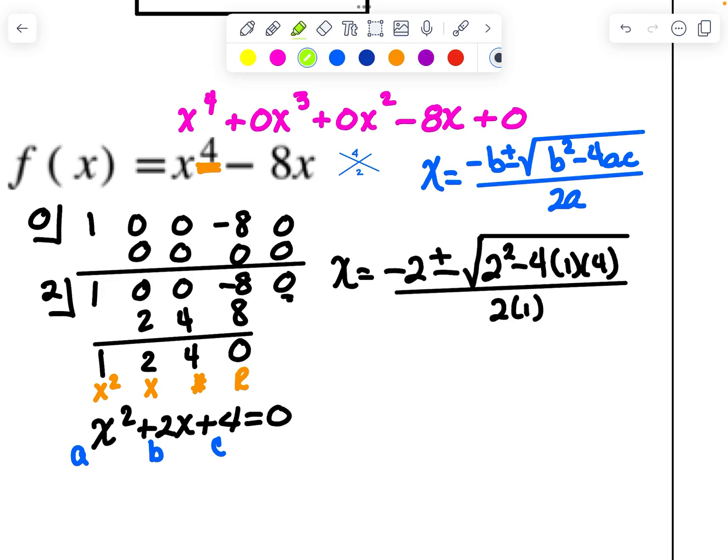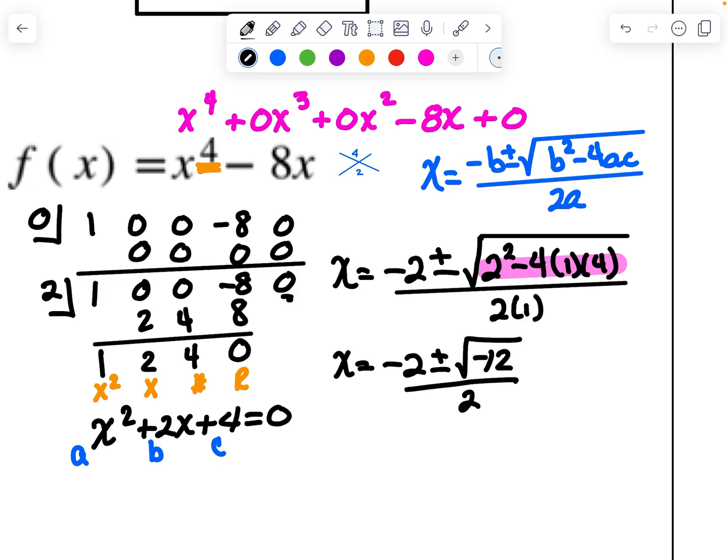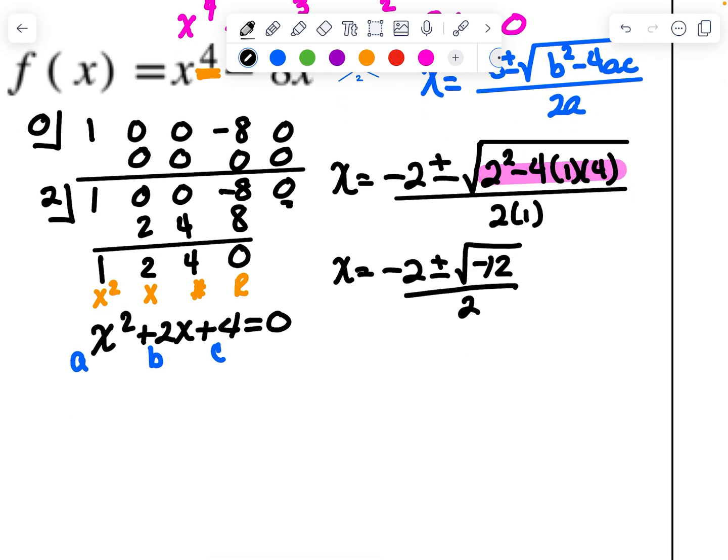Then we are going to do this piece, that is 4 minus 16, which is negative 12. So we're going to have x equals negative 2 plus and minus the square root of negative 12 divided by 2. We're going to rationalize negative 12.